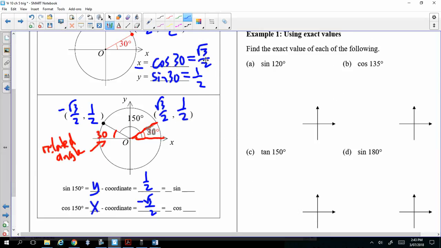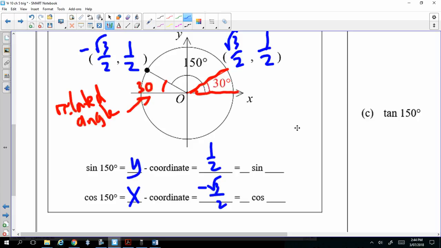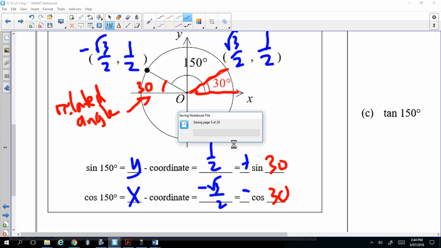So therefore, this is positive sine 30. This is negative cos 30. Right? See the connection. So that will be important. So now we don't have to use the grid. We see the connection that when the angle is obtuse, cos is negative, sine is positive.